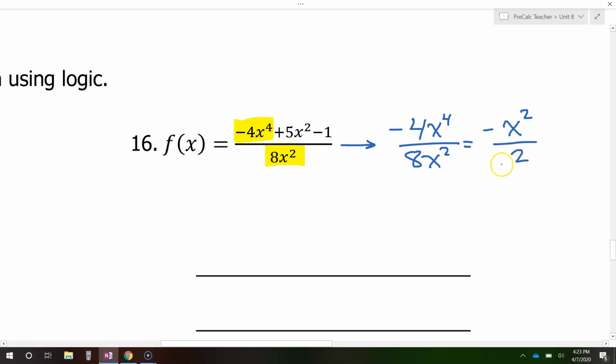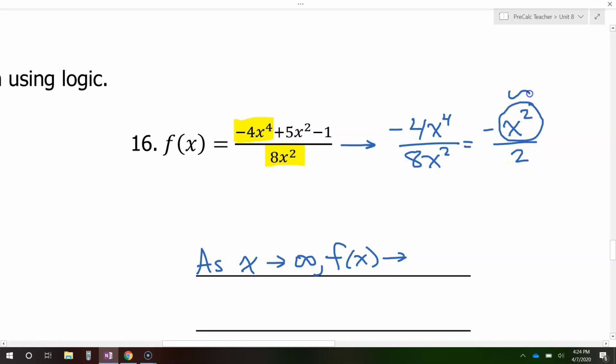So now let's look at this and ask ourselves what will happen as x approaches infinity. We'll have to think about this because we still have an x in here. So as x approaches positive infinity, what happens to the value of the function? As x approaches infinity, that means x squared is going to approach infinity.